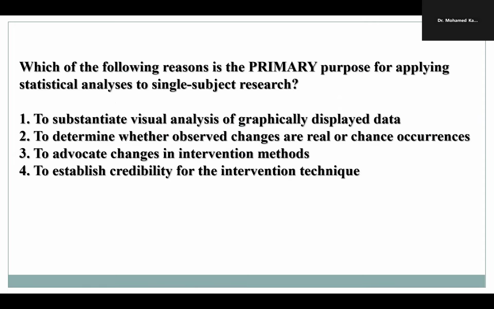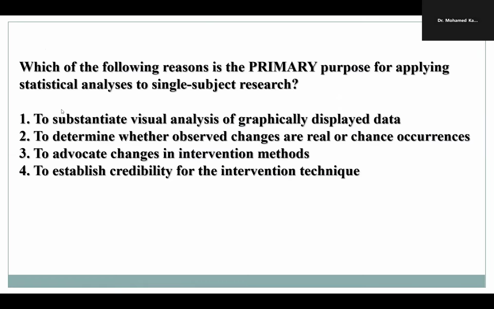We know that randomized control trials and systematic reviews of randomized control trials are the strongest, and so on. But this is not our discussion today. Here they are asking you, what is the primary purpose for applying a statistical analysis to single subject research?